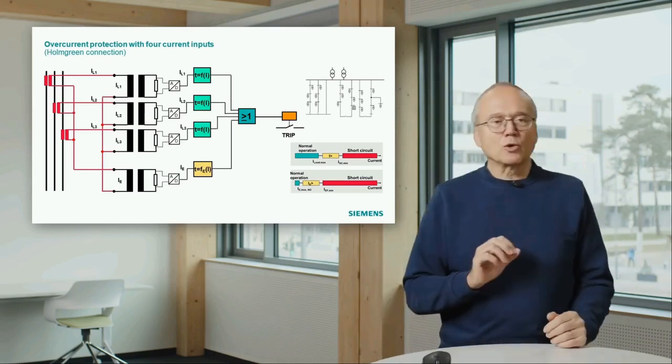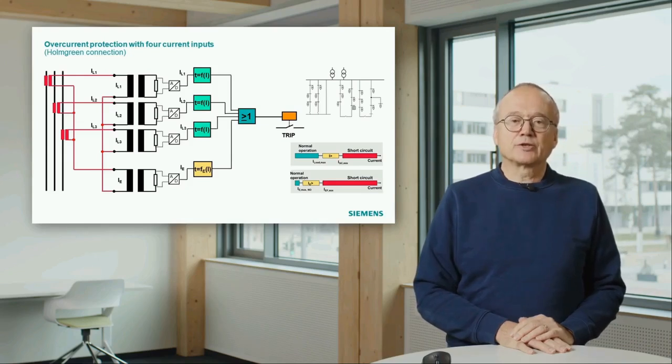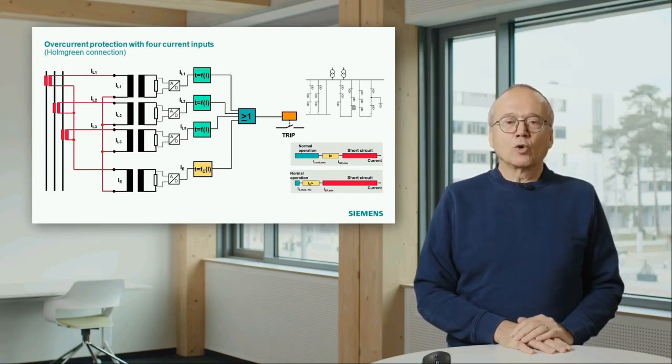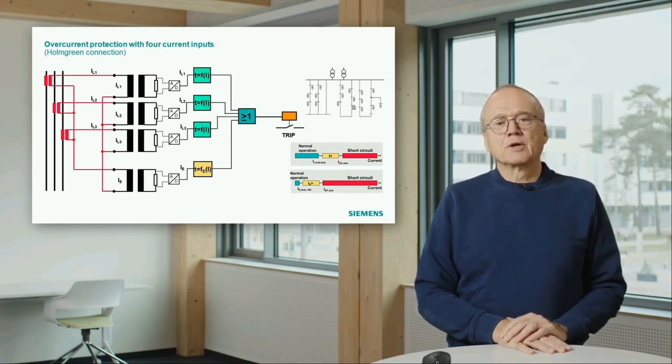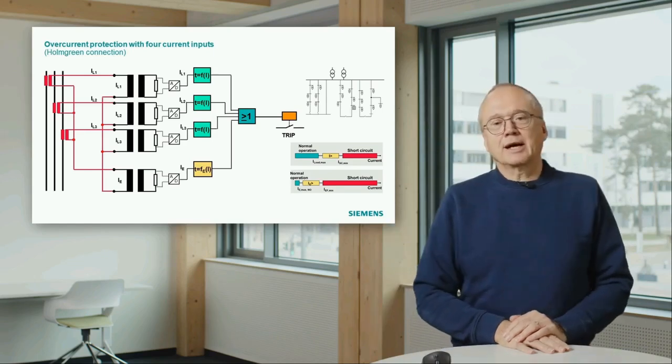Please remember also the area of application for overcurrent protection is distribution, where we normally have radial systems. That means systems of the type I show in the right upper area of this slide.